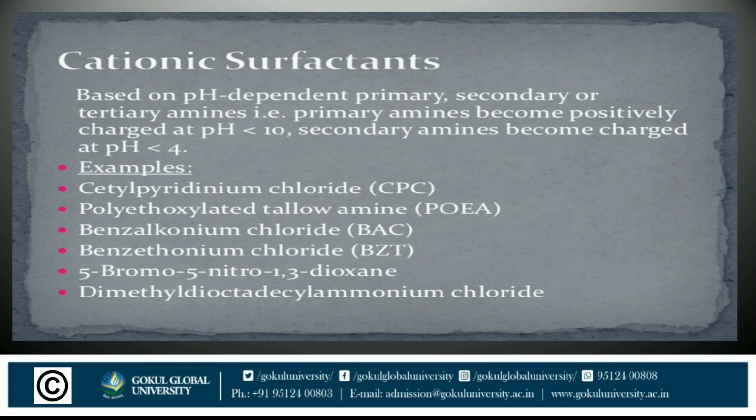Secondary amines become charged at pH less than 4. Some examples of cationic surfactants you can see here: cetyl pyridinium chloride, CPC; polyethoxylated tallowamine, POEA. Some others are also useful as cationic surfactants.